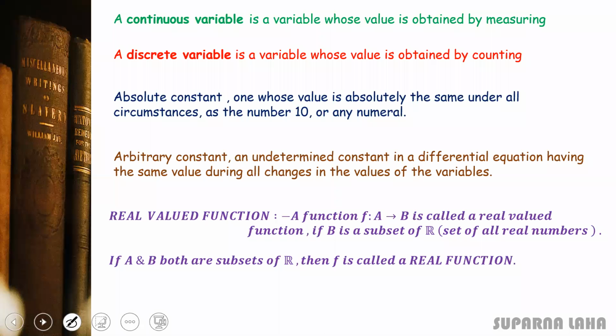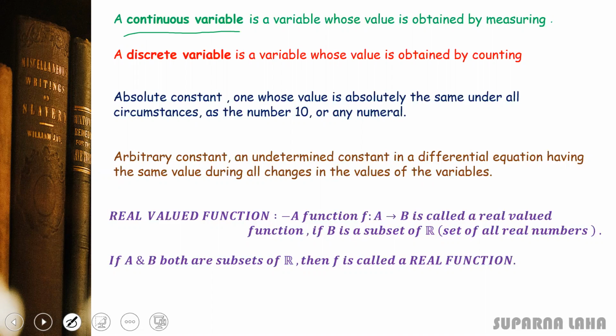So here are the problems. But before that, let's talk about some definitions, that is, what is a real function and what is a real valued function. First is the continuous variable. Now what is a continuous variable? It is a variable whose value is obtained by measuring.